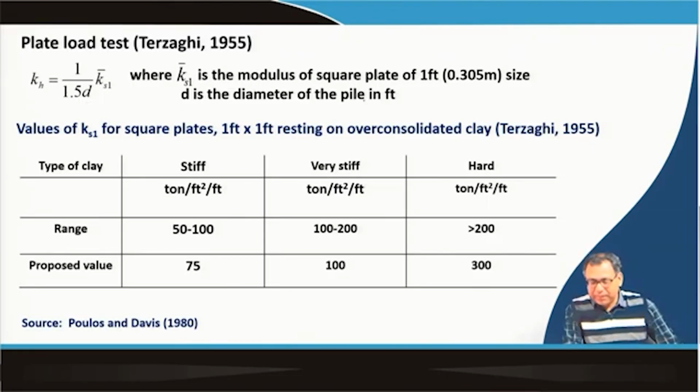D is the diameter of the pile in feet. Okay. And then finally, we will get the kh, which will be your horizontal subgrade modulus. Okay. So, this is one relationship, based on the plate load test, to get the value.